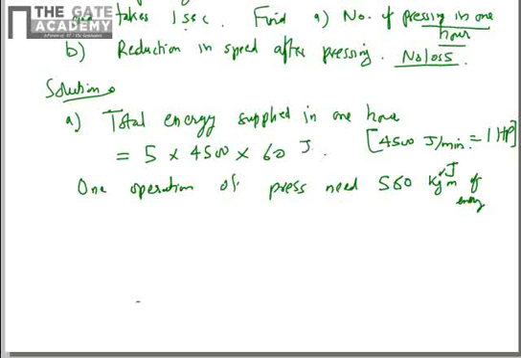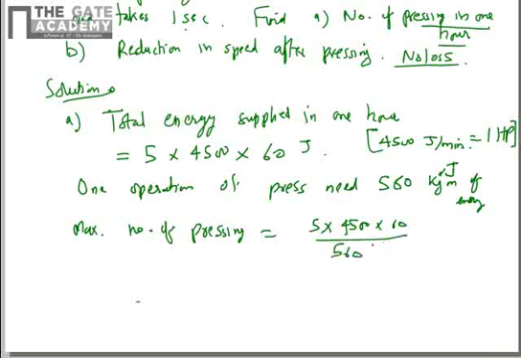So we can now calculate the total maximum possible number of pressings in an hour, so that we have the total input energy 4,500 into 5 into 60, divided by the energy taken per operation, that is 560. So this value comes around 2410. So you can do a maximum of 2410 pressing operations in 1 hour. This is the answer for part 1.